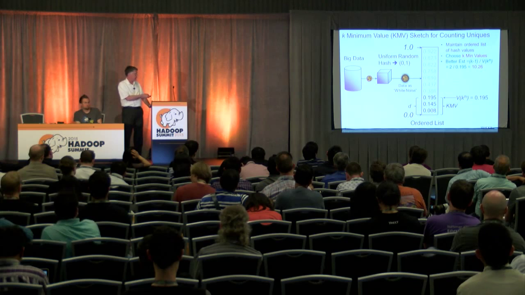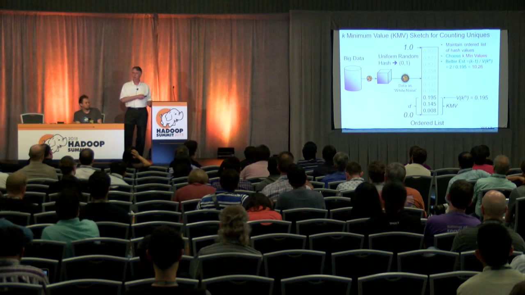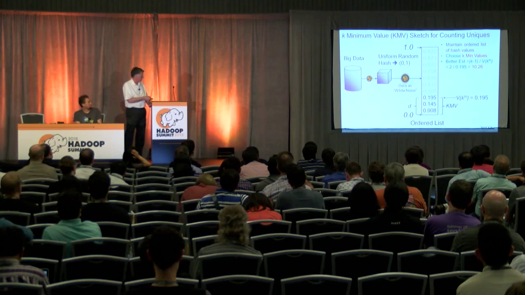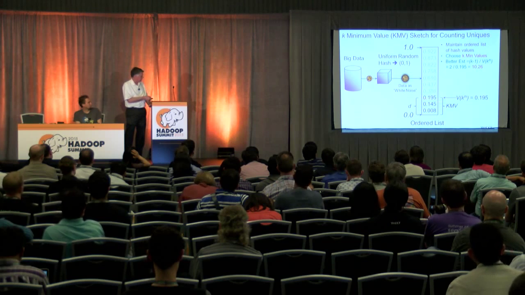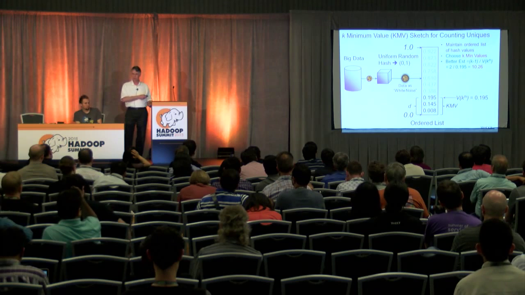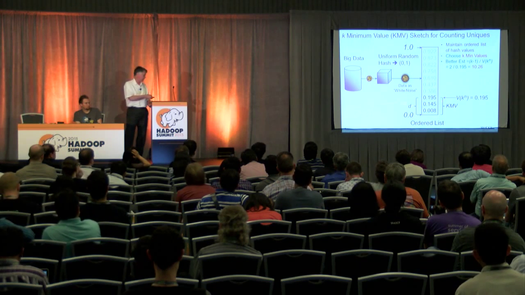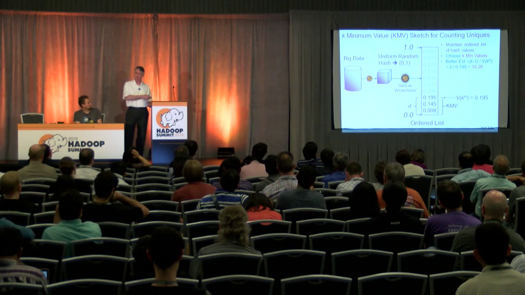The others become dimmed, so I can throw them away. I don't need them anymore. Then I take the value of the third one, which is my kth value, and its value is also its distance from the curb, from 0.